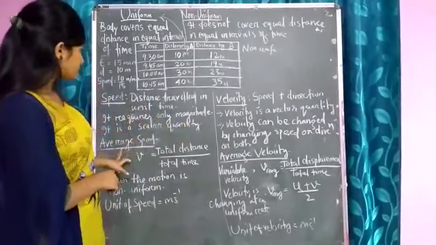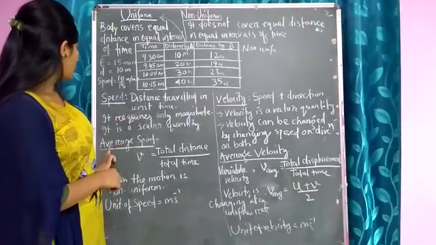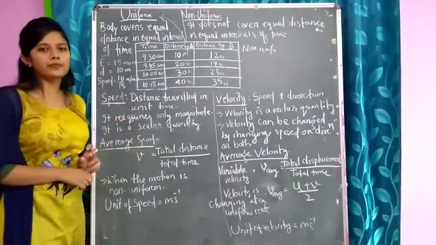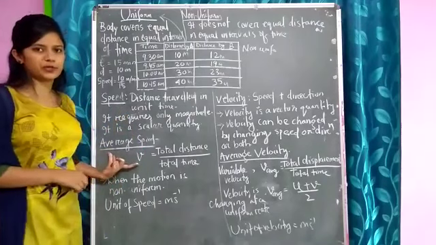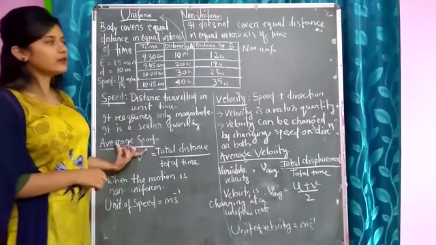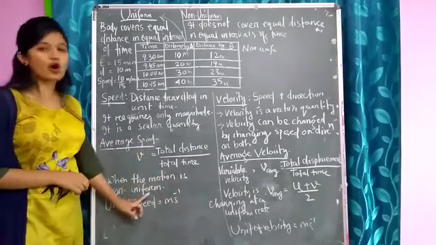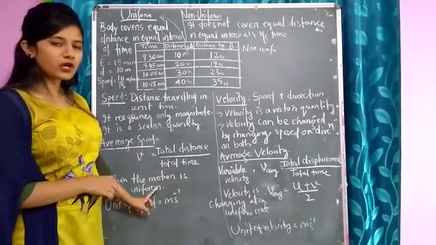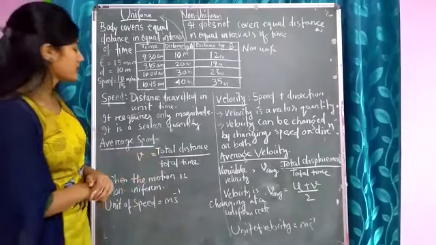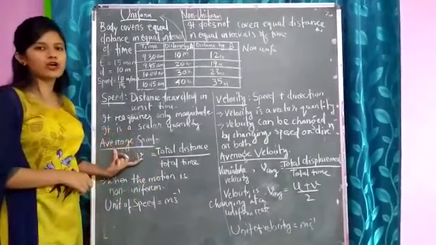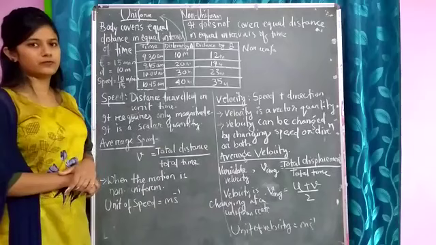Then we are going for another term, that is average speed. What is average speed? It comes when the motion is non-uniform. Whenever we are dealing with a non-uniform case, at that time we have to define average speed.